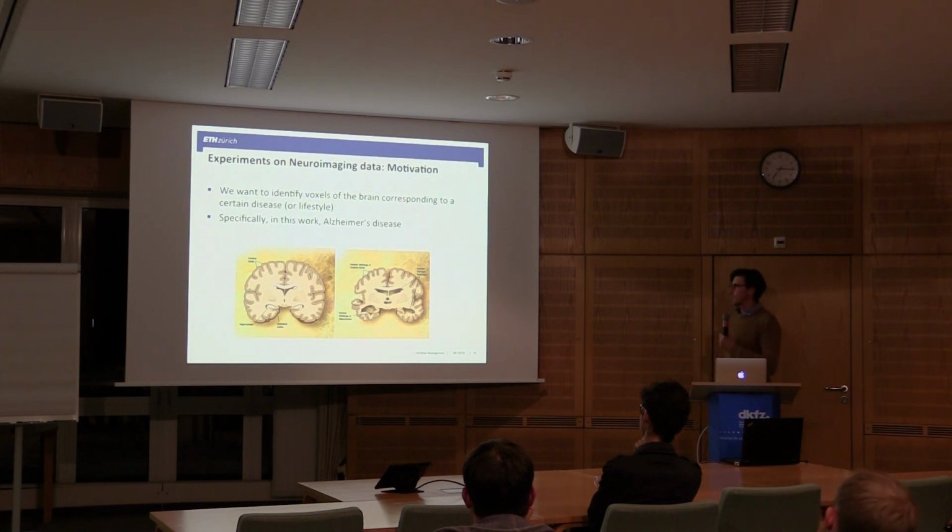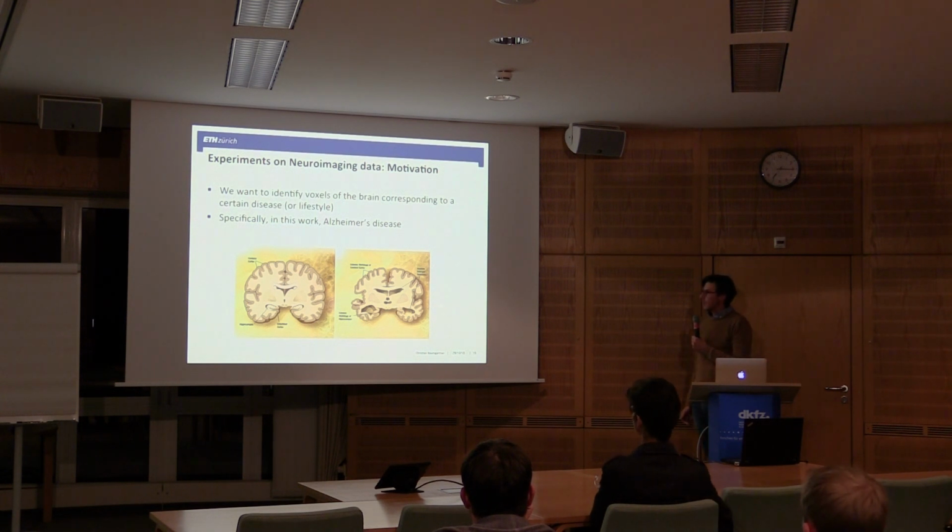Okay, so of course we weren't interested only in applying this to boxes. We wanted to apply it to something hopefully clinically meaningful. Specifically, we focused on neuroimaging data, and even more specifically, on the problem of Alzheimer's disease.